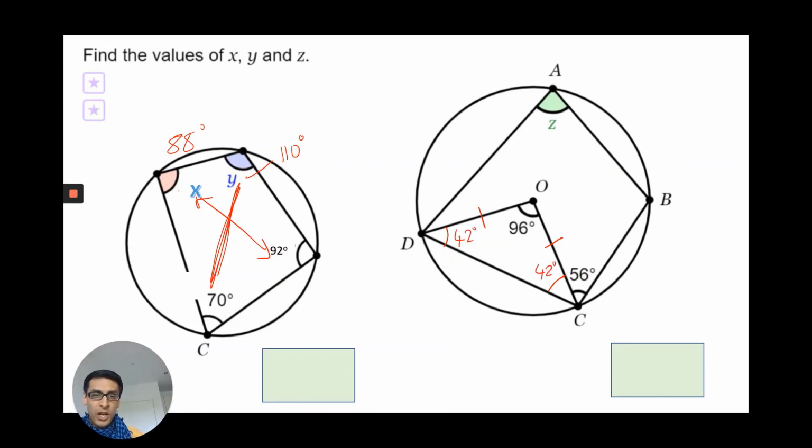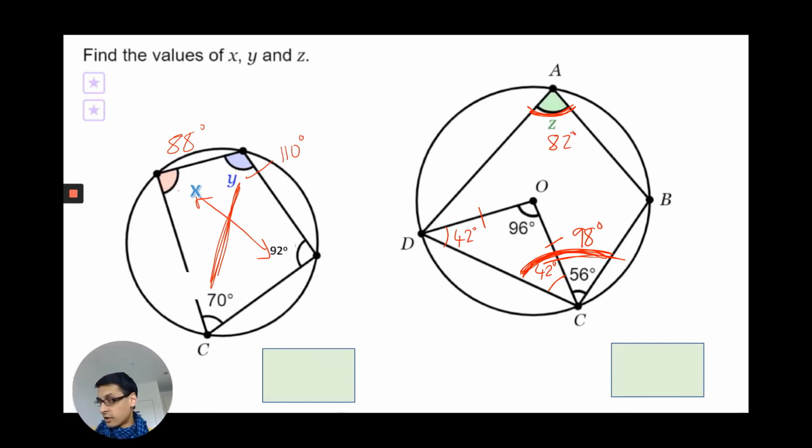Now we also know, if we ignore the triangle now, that this is a cyclic quadrilateral, and that this angle here plus this angle there have to equal 180. Now we know what it is. This is going to be 56 plus 42, which is 98 degrees. And then to work out this one, you do 180 minus 98, and that means Z is 82 degrees.